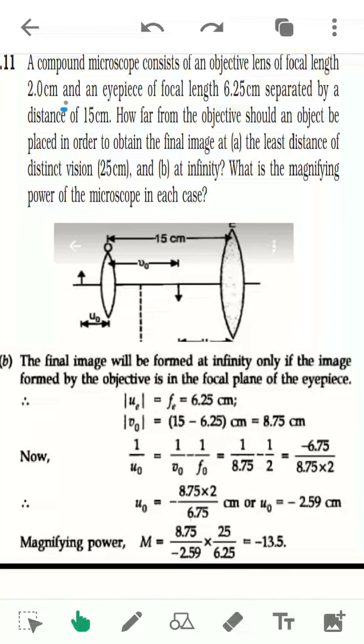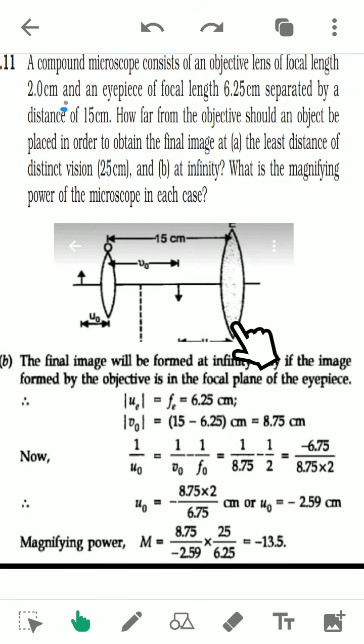Now the second case: if the final image is at infinity, where is the position of the object? For that again we will see the position of the image from the eyepiece. You know the final image is at infinity, that means V is equal to infinity.